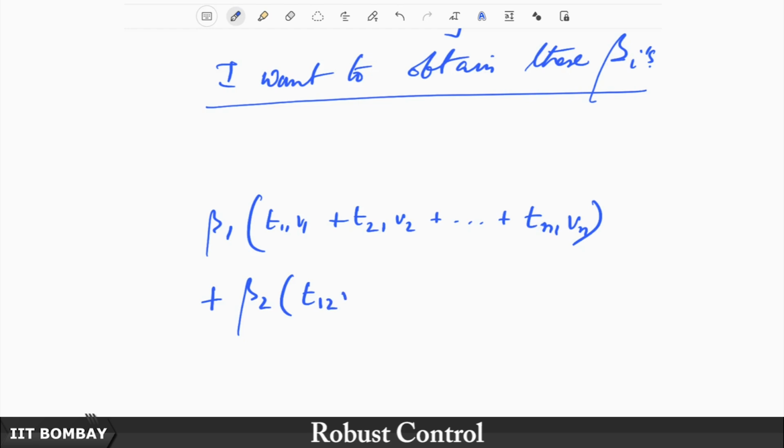So, T12 V1 plus T22 V2 plus dot dot dot till Tn2 Vn.